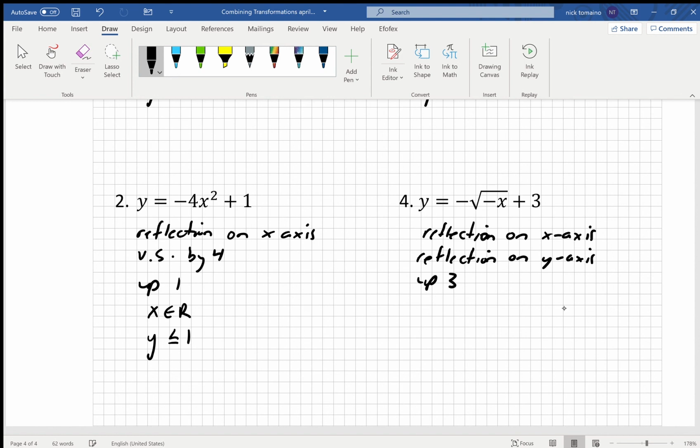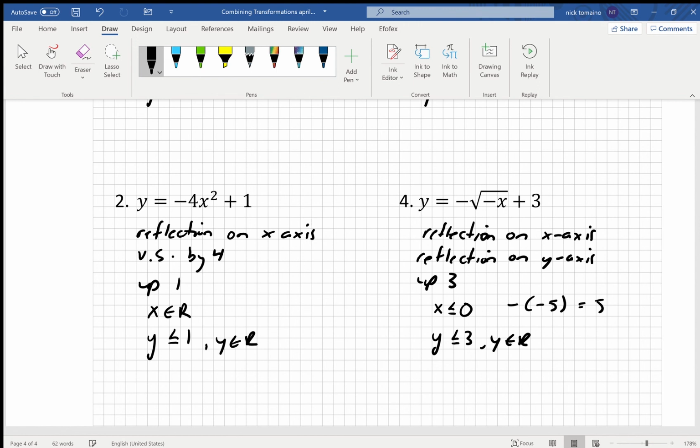So for our domain, notice that it's negative x, so that means x must be less than or equal to 0, because if I put a negative and then a negative, it becomes positive. And for my range, the largest value y is going to be 3, so y is going to be less than or equal to 3.